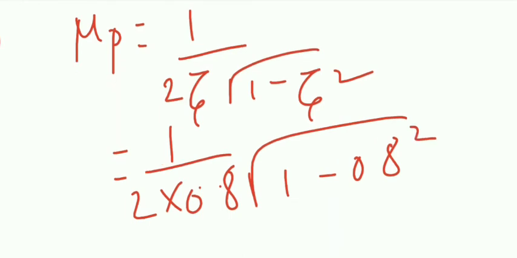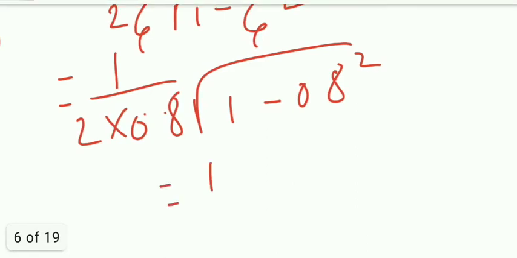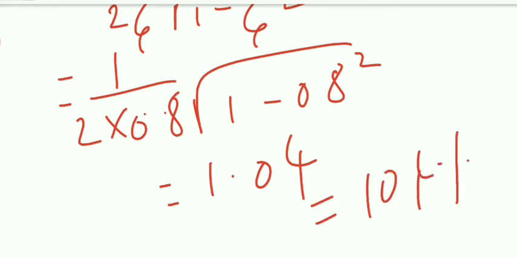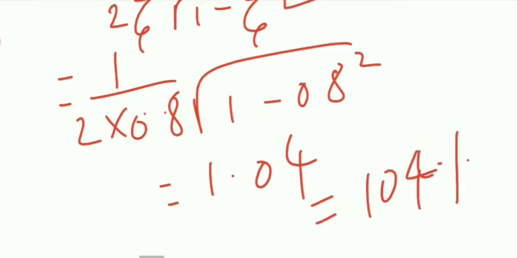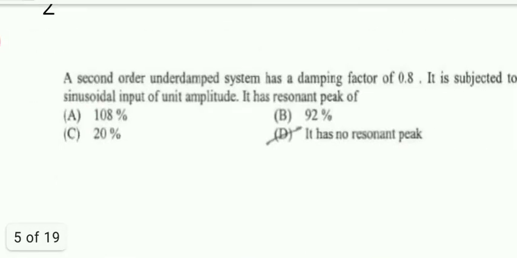If you simplify, what you get is 1.04. That is equal to 104 percentage. Let us see whether we have any 104 percentage. No option. So option D is the right answer.